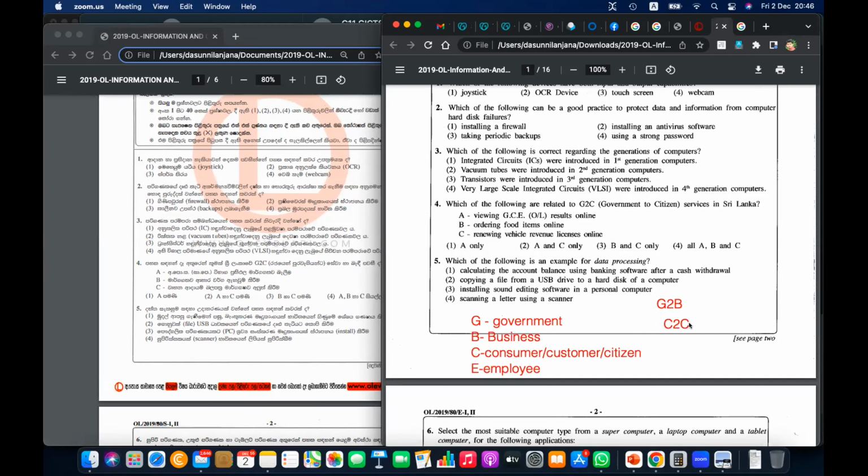Example එකක් කියන්න C to C. One customer is giving something to another customer in online environment. C to C business. Example. මොන වගේ එකක්ද? C to C type. I have used mobile phone.